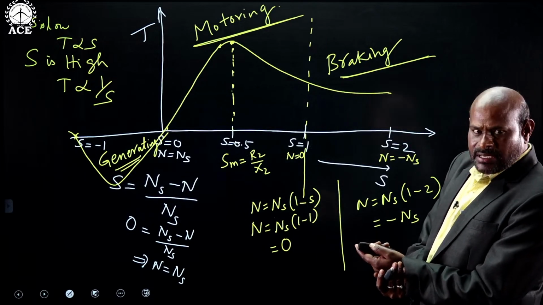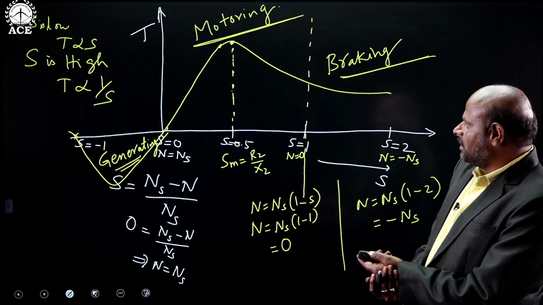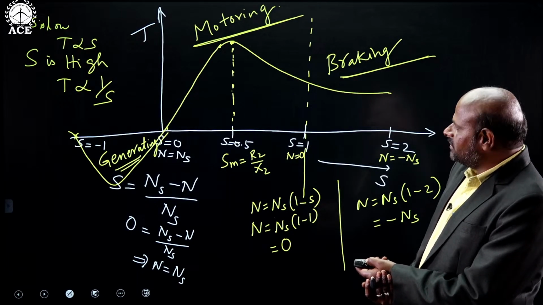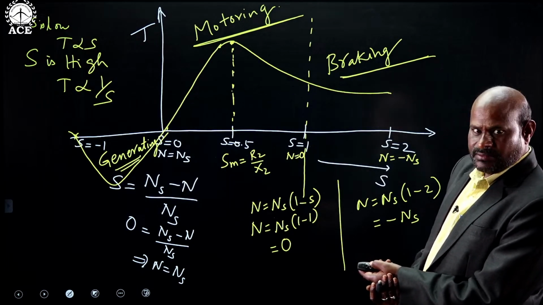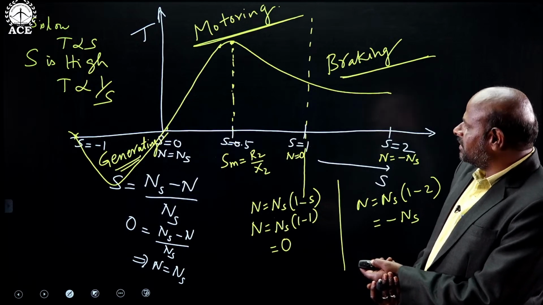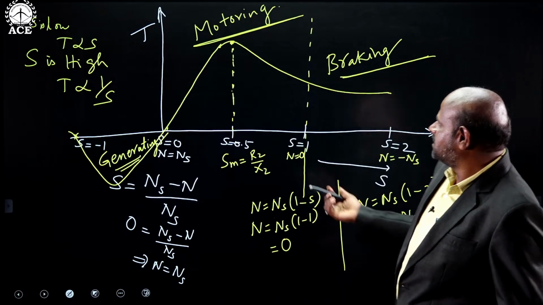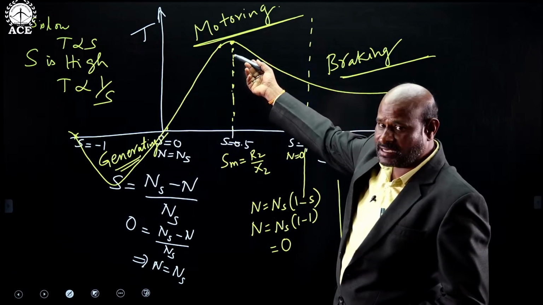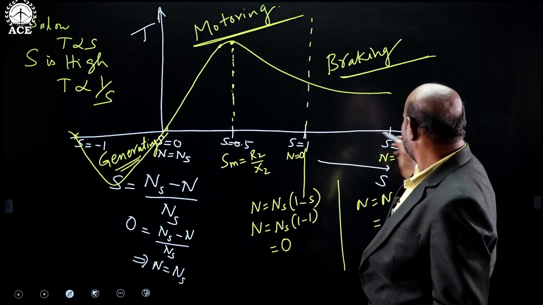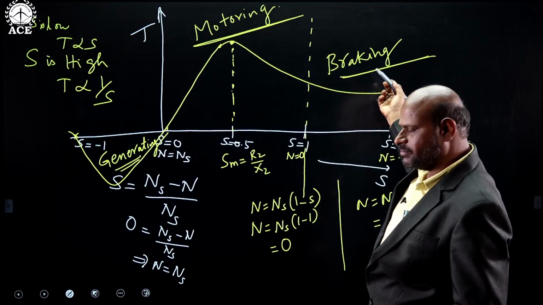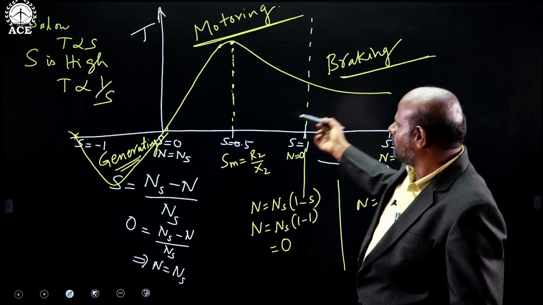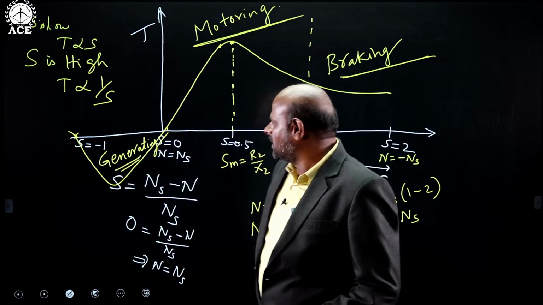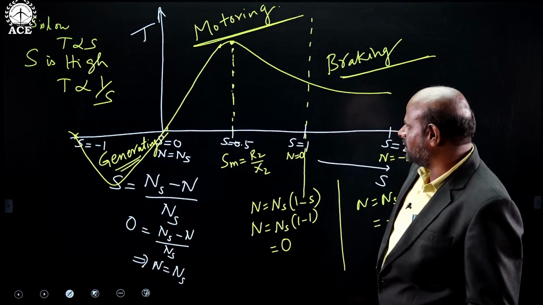So you may expect the question: draw the torque slip characteristics and explain the regions of operation of an induction motor. Regions means 0 to 1, it is acting as motor; 1 to 2, it will be acting as braking; and 0 to minus 1, the induction motor will act as generator.